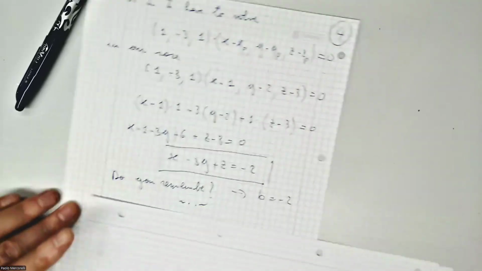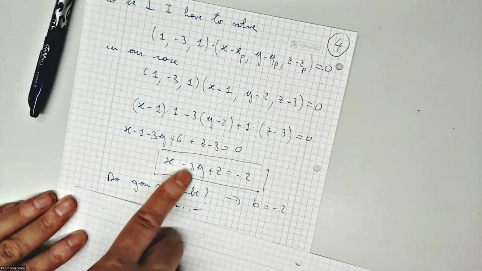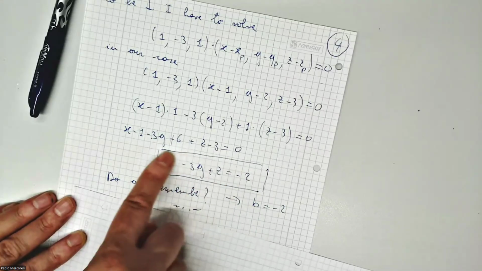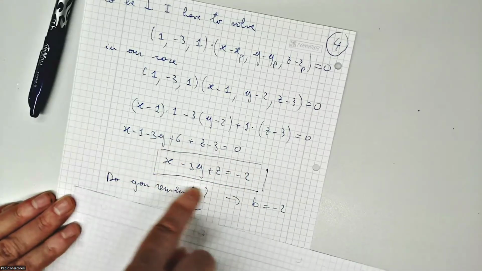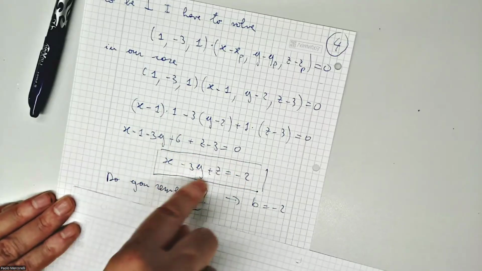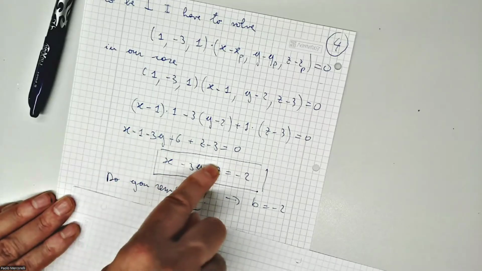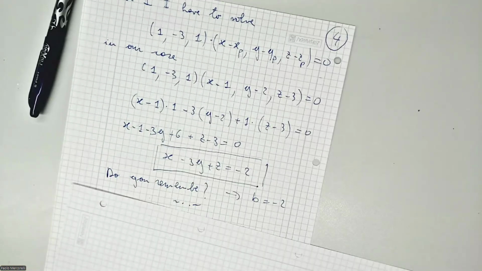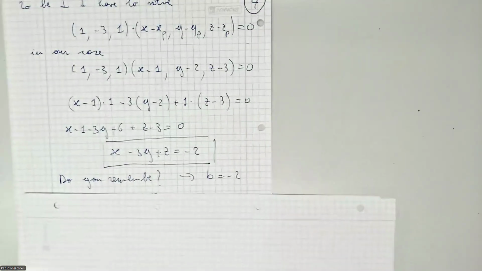And roughly speaking, this element 1, minus 3, 1 remains in the structure of the plane. Now, if you remember this from last time, let me come back to the question of today.